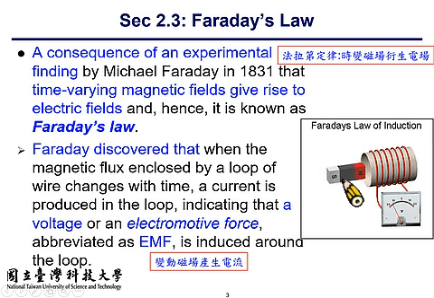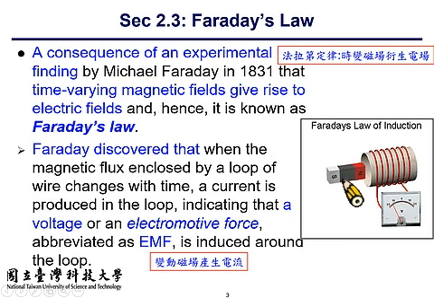So the experiment can be illustrated as in the figure shown. As you can see, you have a permanent magnet and a coil with electrical wire wrapped around, and as the magnet moves in and out of the coil, we observe that voltage is generated due to the movement of the magnet.